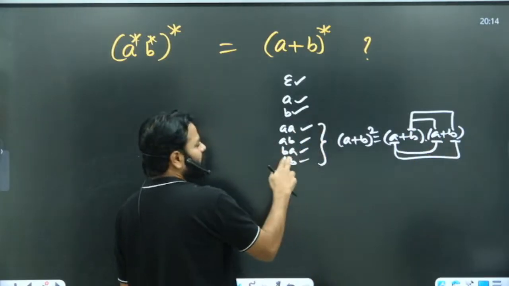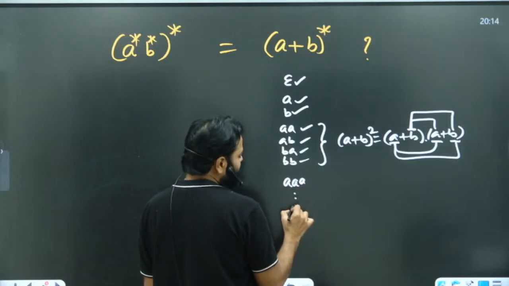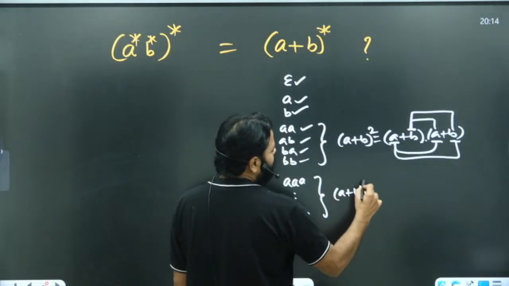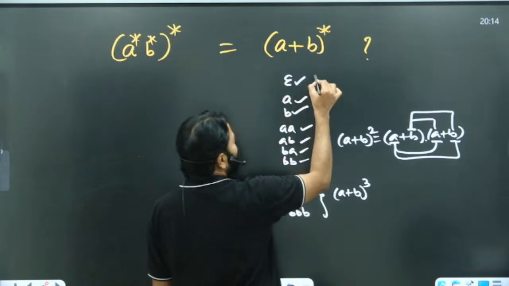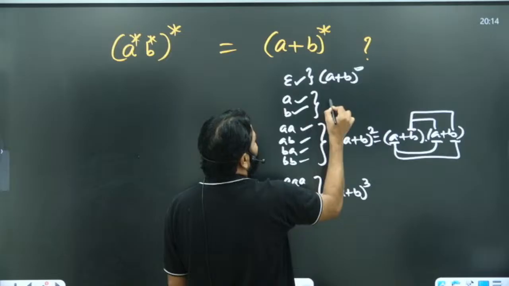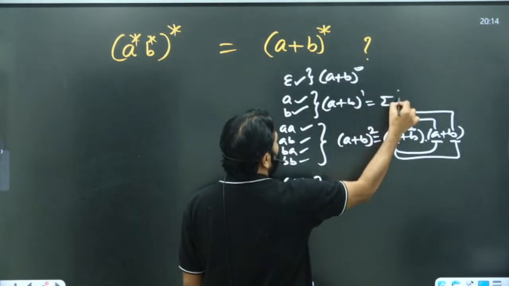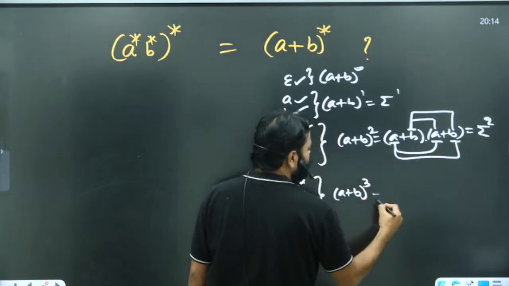You can get all the strings. Similarly, you can get three-length strings by writing a plus b whole cube. It is easy to understand how to generate the zero length: you get it by writing a plus b power 0. One length you get with a plus b power 1. You can also say sigma power 1, sigma square, and sigma power 3.